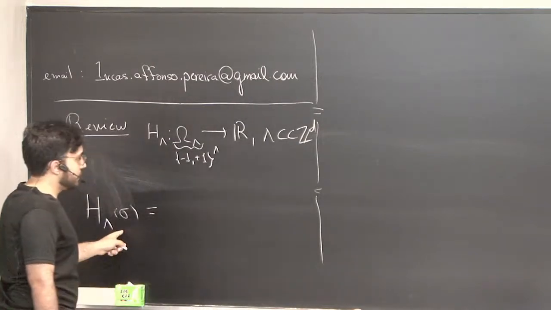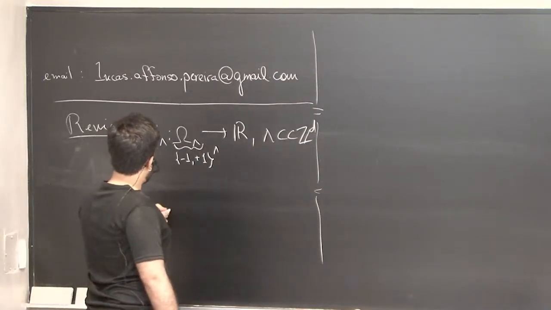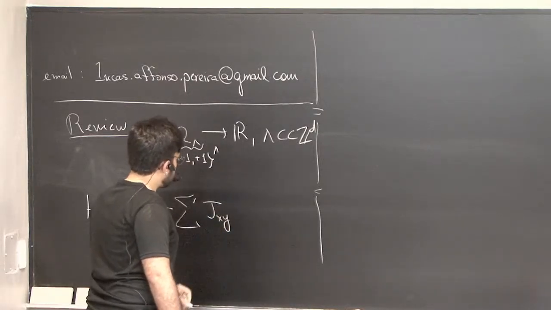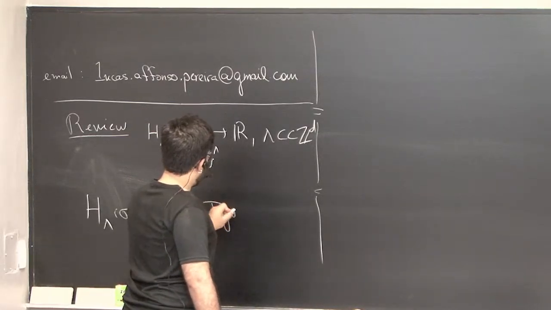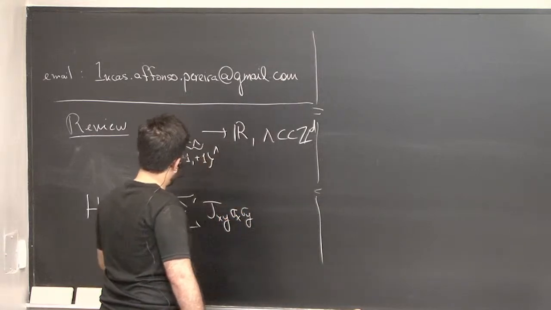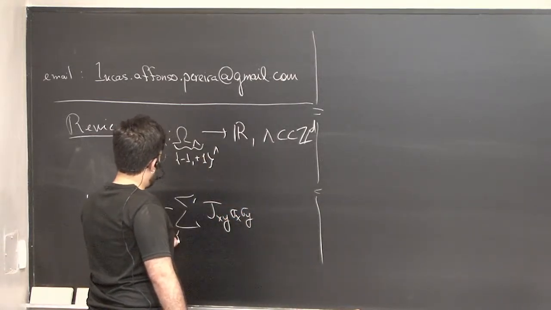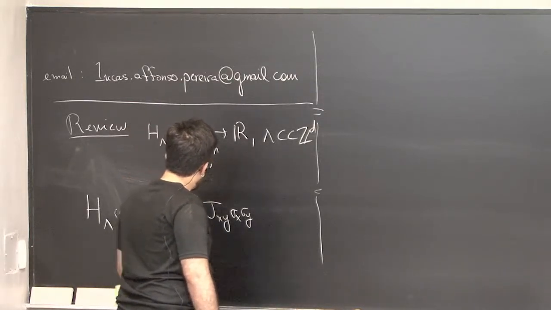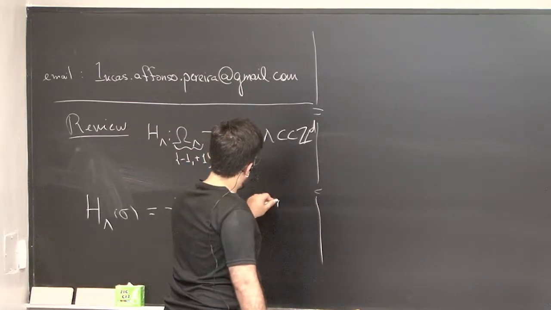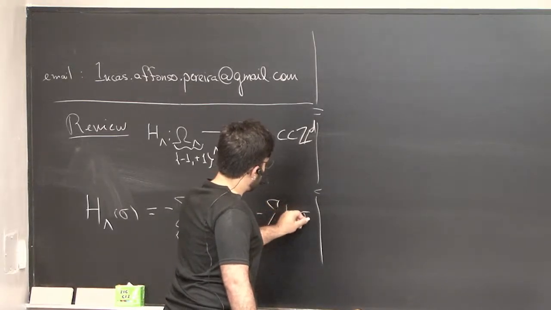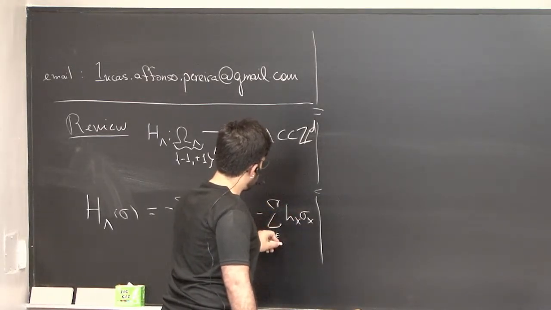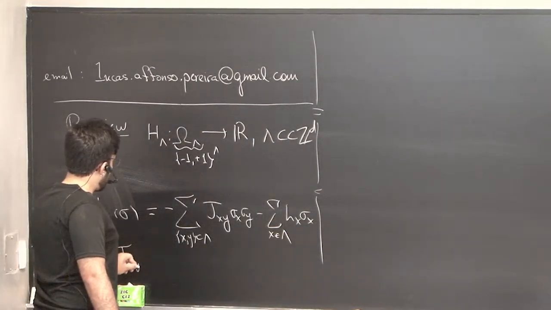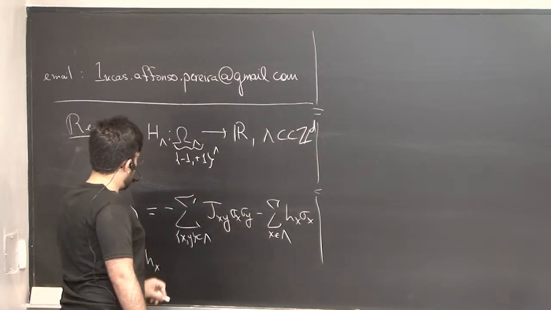For each configuration, you assign the following value for the energy, the sum over x and y in Λ of J_xy σ_x σ_y, with a magnetic field, where J_xy and h_x are real numbers.